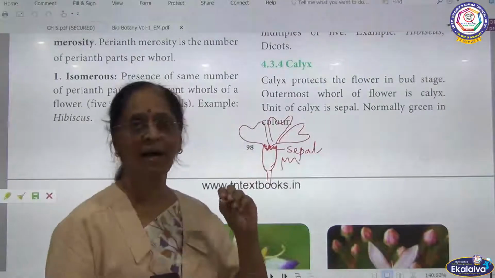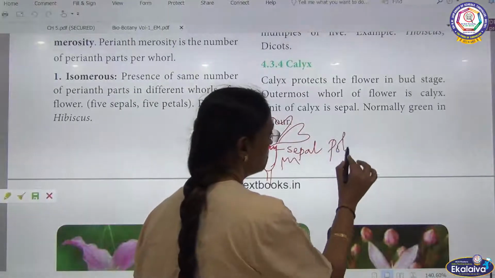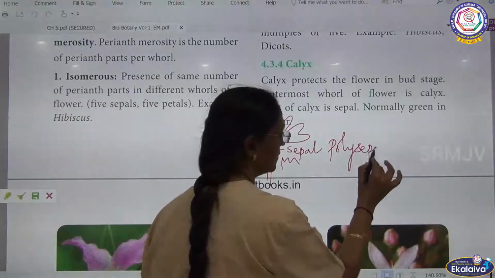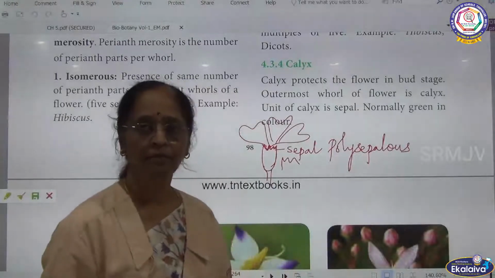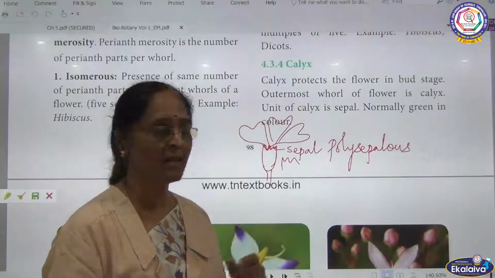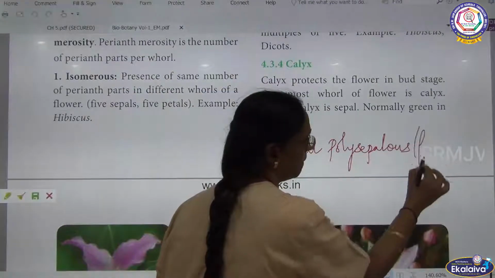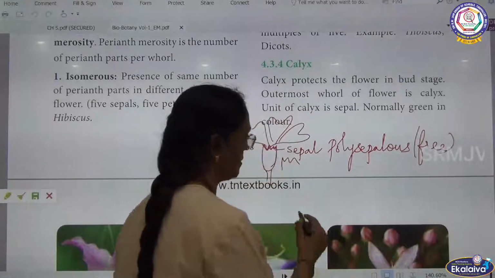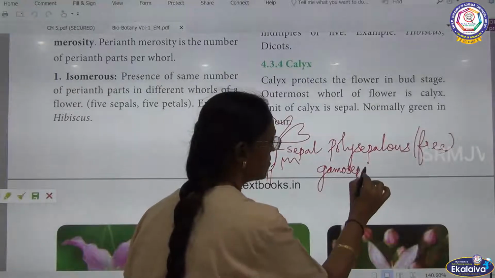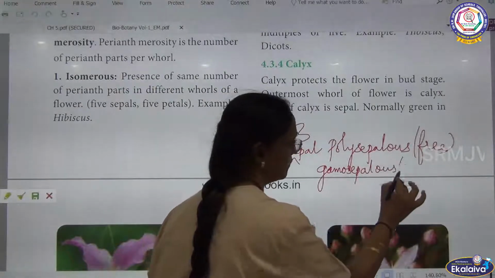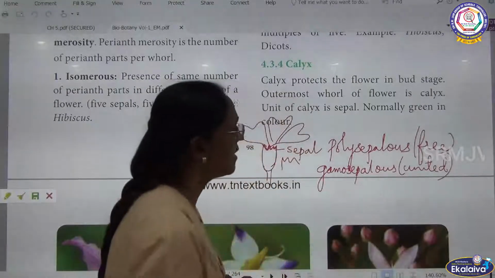If the sepals are free, you call it polysepalous. And if they are united, you call it gamosepalous.